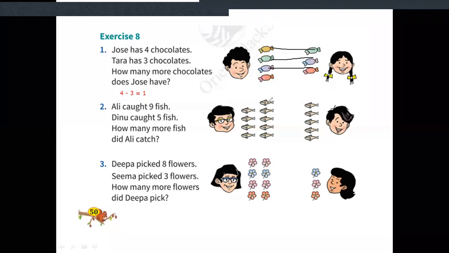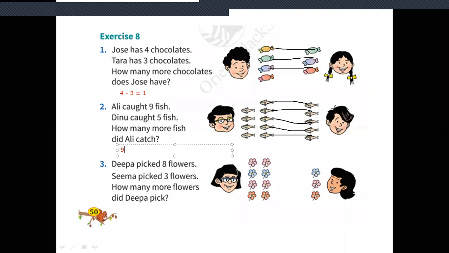See here. 1, 2, 3, 4, 5. 5 we have matched. So how many are left? 1, 2, 3, 4 are left. So you can write 4 as the answer, or else you can write like this.